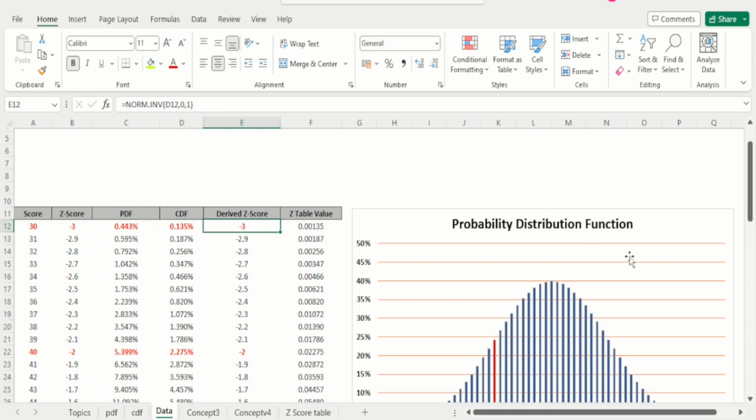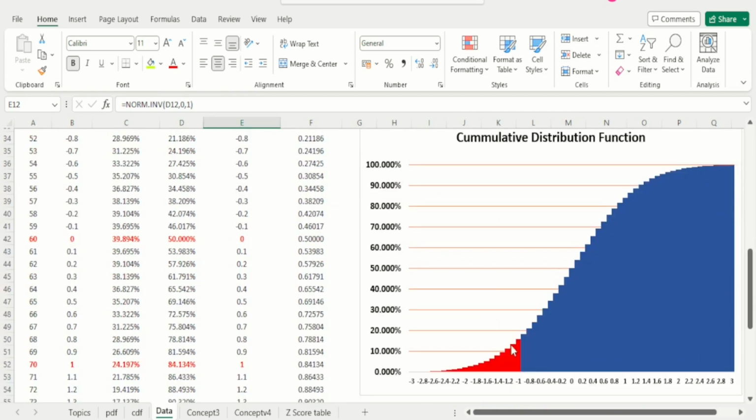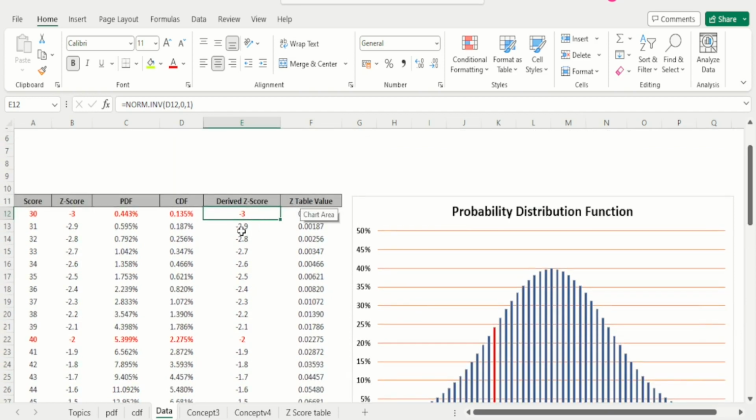So basically, going back to the graphical distribution, if I give you the value of this red colored area, and if I give you the mean and the standard deviation of this distribution, you will be able to arrive at -1. So this is the inverse of your cumulative distribution function. That's a very helpful formula.